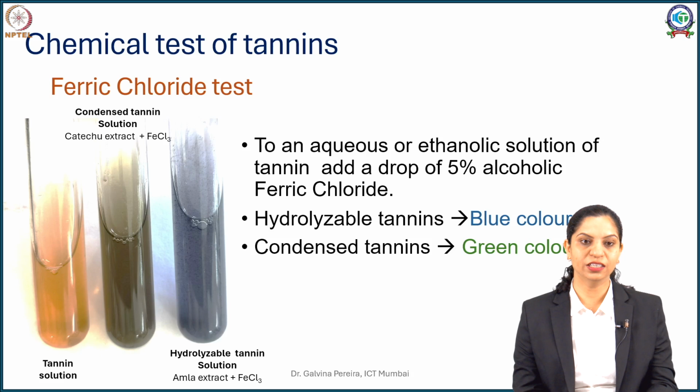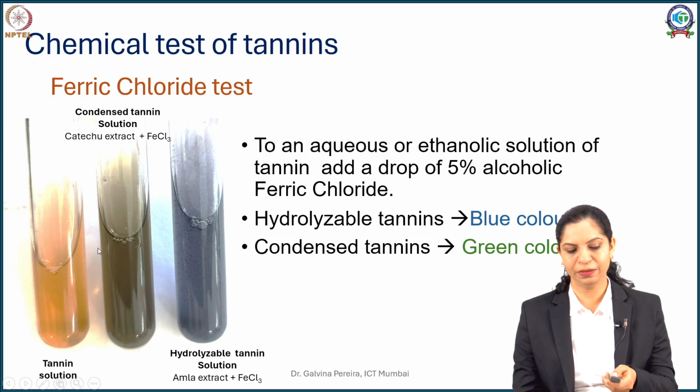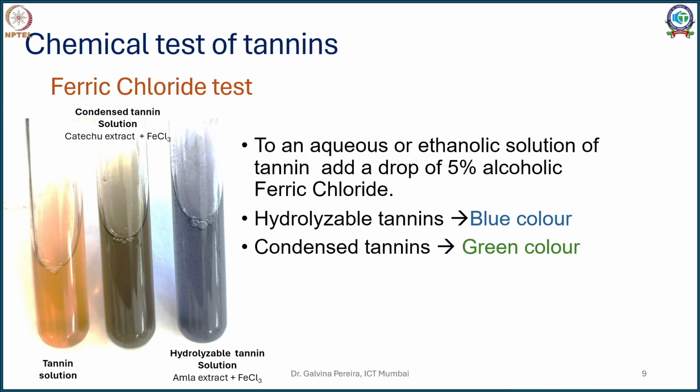So what happens here is the extract containing condensed tannins, when I add a drop of ferric chloride to it, you will see a greenish coloration, whereas in case of hydrolyzable tannins, you will see a bluish coloration being formed. So this test helps you distinguish between blue or green color complexes which are formed by reacting with hydrolyzable and condensed tannins respectively.